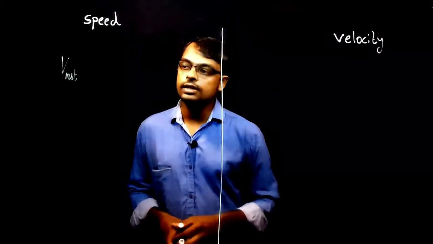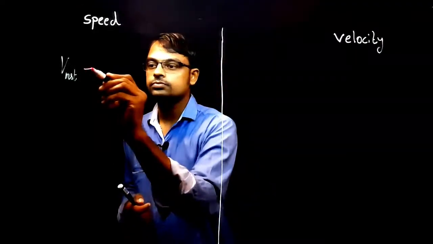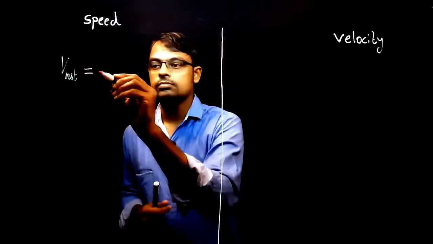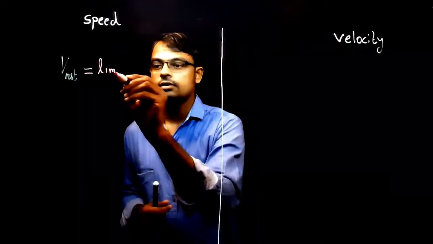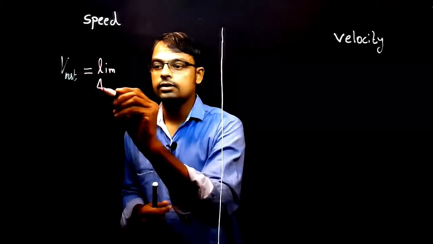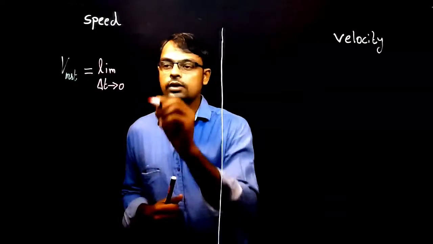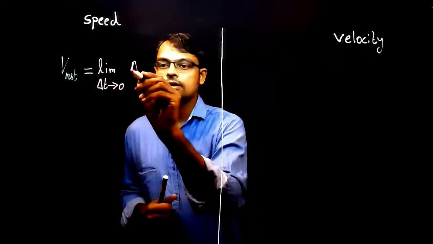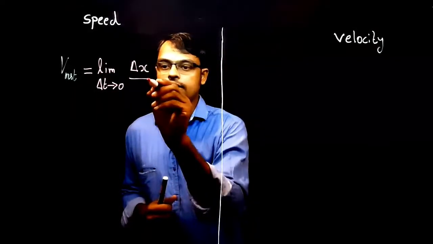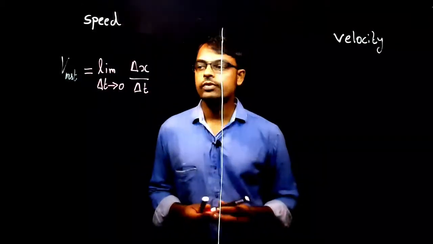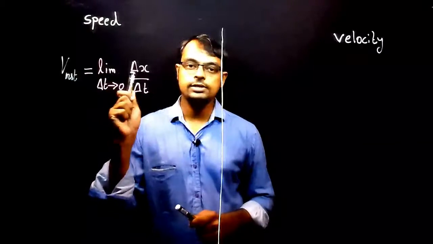V instantaneous is equal to, now we are going to use a mathematical term, the limit as delta t tends to 0 of delta x divided by delta t. This is a way to represent the instantaneous speed.